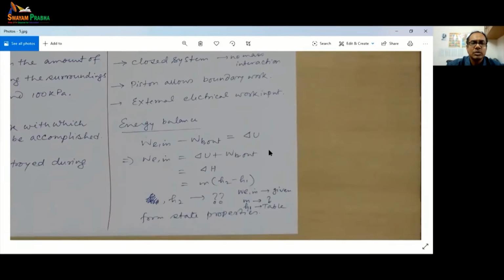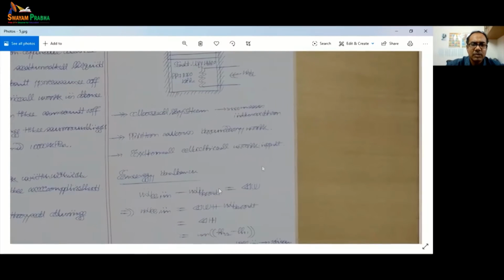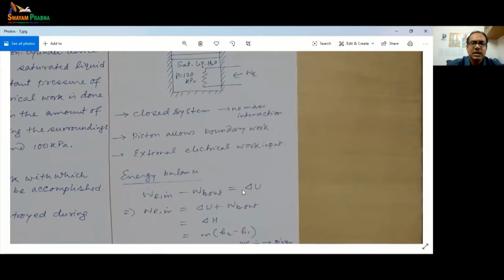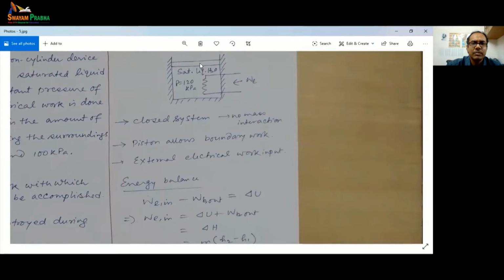The first thing we need to do is the energy balance. For energy balance, what is coming in and what is going out has to match the change in internal energy. That's the first law. What is coming in is the electrical work input, W_E,in, and what is going out is the boundary work. As the pressure goes up, the piston will be pushed up, and unless it is brought to equilibrium, it will move.